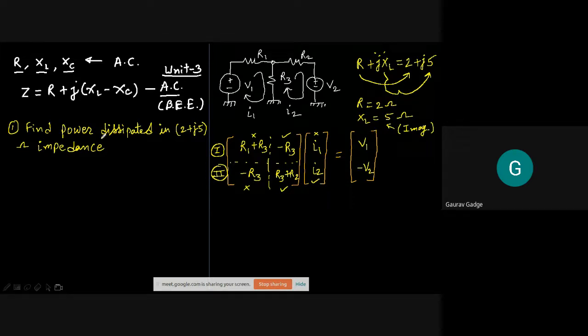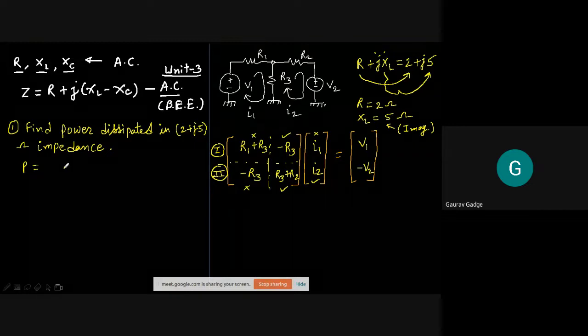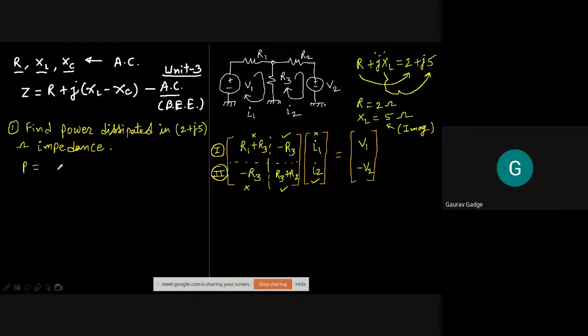So we have to find out the power dissipated in the 2 plus J5 impedance. Okay, can anyone tell me how to find the power, and that too power dissipated? Just before making that circuit, can anyone tell me how to find the power?